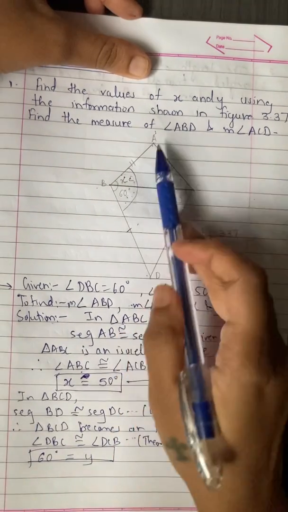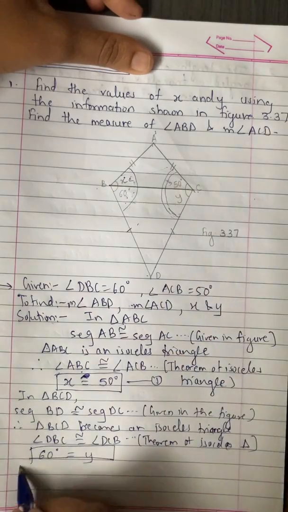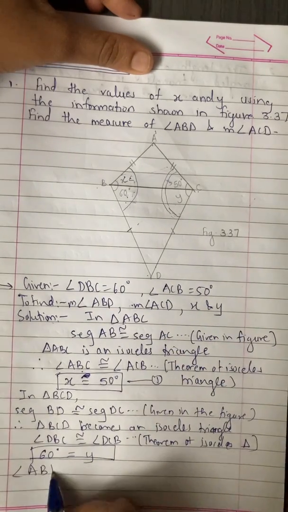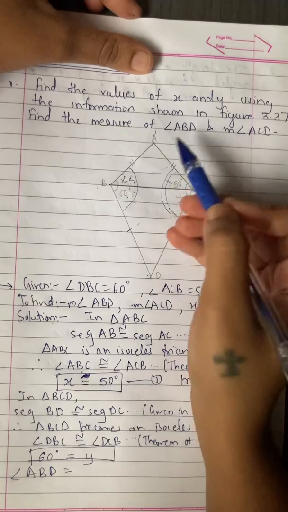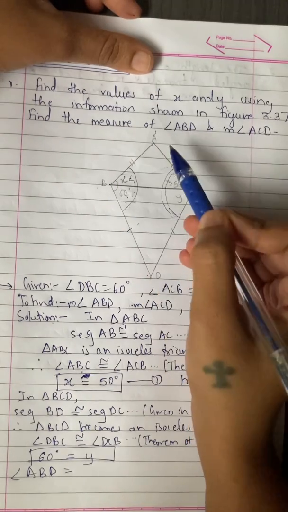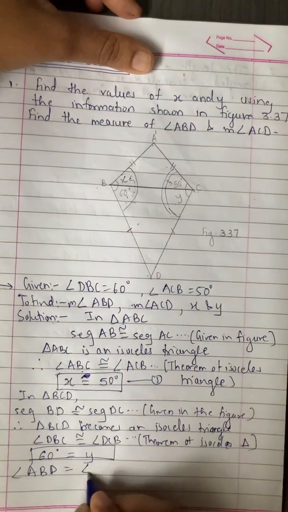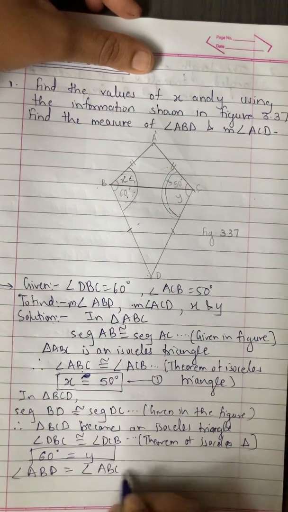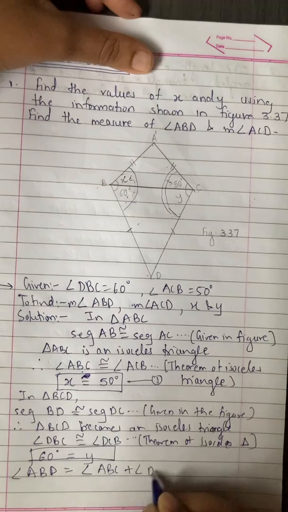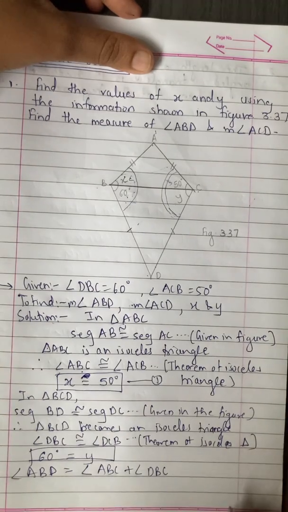Now you can easily find out the big angles. So angle ABD is a combination of which two angles? Two small angles, ABC and DBC. Angle ABC plus angle DBC. Alright, and substitute the value now.